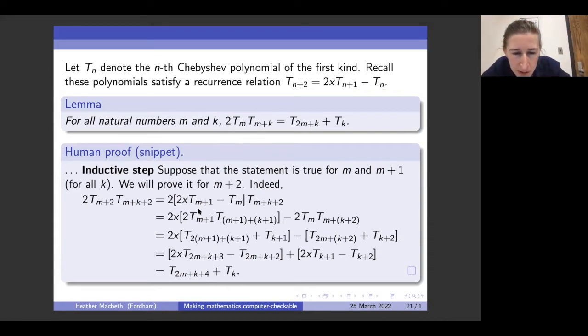So here I've pulled out from my recurrence relation one product of Chebyshev polynomials and another product of Chebyshev polynomials. And then I apply my inductive hypothesis to each of those. I've replaced this one, using the inductive hypothesis, by a sum of 2 other Chebyshev polynomials, and this one by a sum of 2 Chebyshev polynomials.